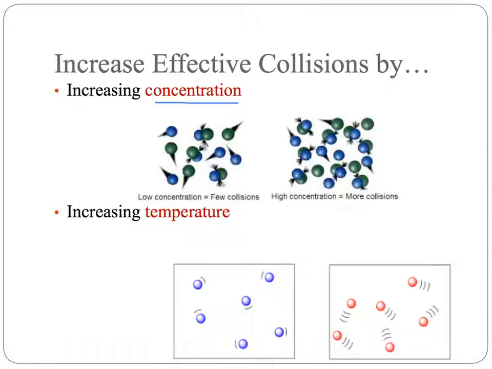If you have lower concentrations, fewer molecules to bounce into each other, then you're logically going to have fewer collisions. It's like trying to work your way through a crowded room as compared to walking across an empty room or a very sparsely populated room. Of course, you're going to be likely to run into more people when it's in high concentration. So a greater concentration of reactants then leads to a faster reaction rate.